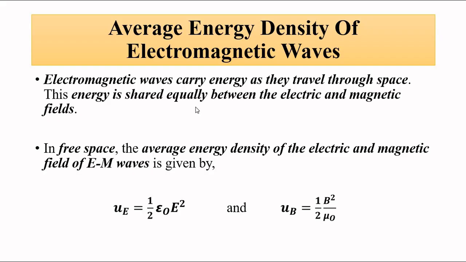Now, the average energy density carried by the electromagnetic waves, which is shared equally among the electric and magnetic fields, is given for the electric component by u_E = 1/2 epsilon 0 E², where E is the electric field intensity, the time varying electric field.